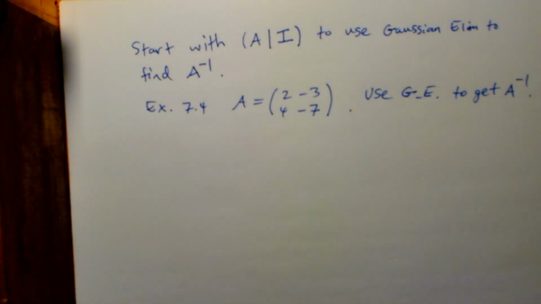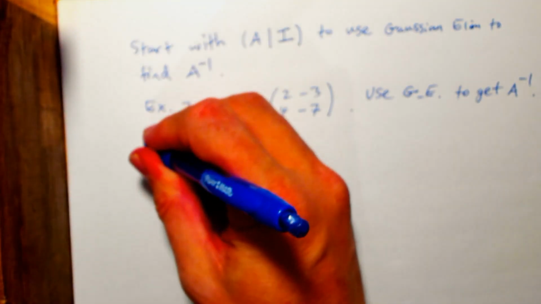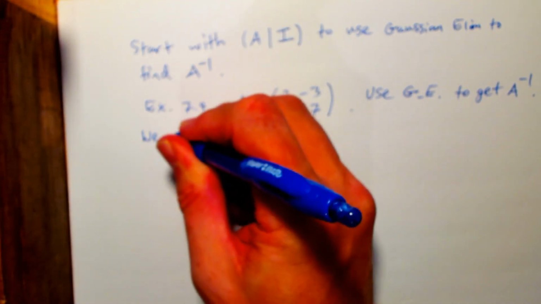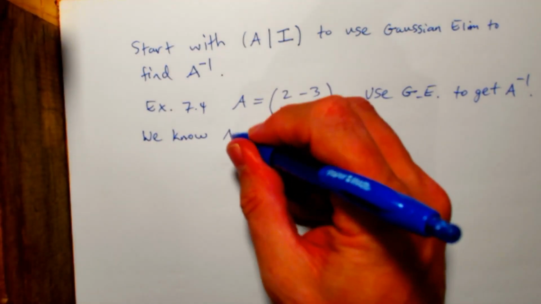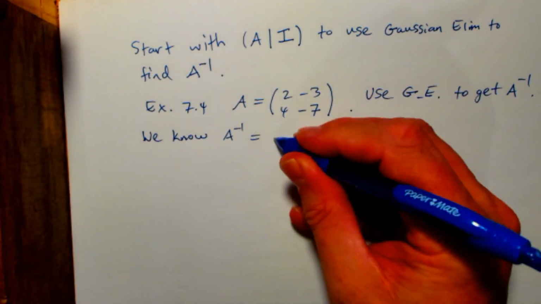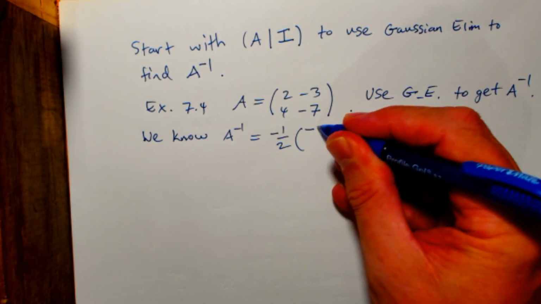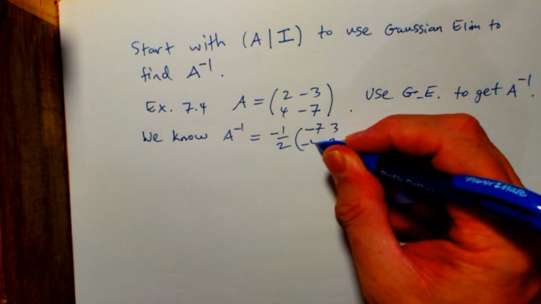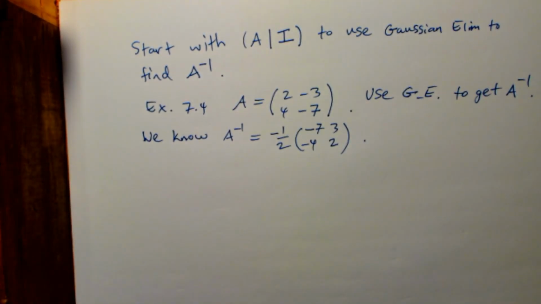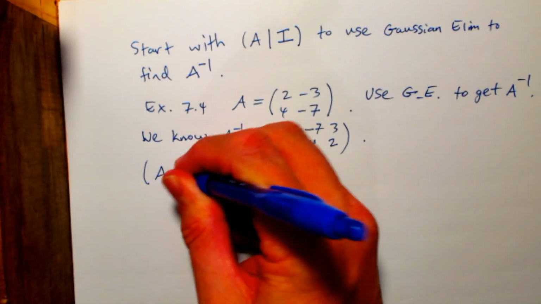Now our determinant is minus 2, so 1 over minus 2. I think we've already calculated this. So we know from an earlier example that A inverse is equal to minus a half outside of minus 7, 3, 2, and minus 4. So we already know this from a previous example. Now we're going to use Gaussian elimination to get the same thing.